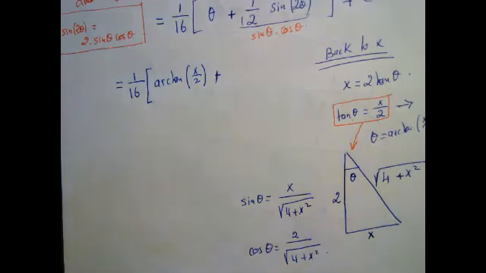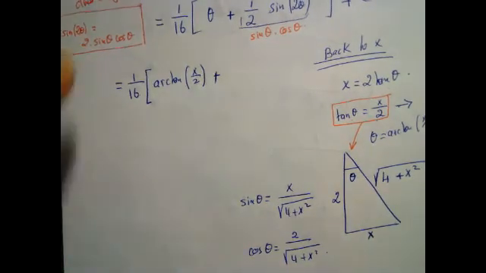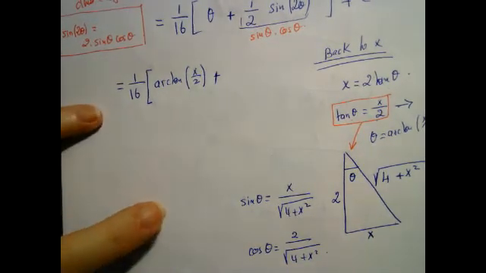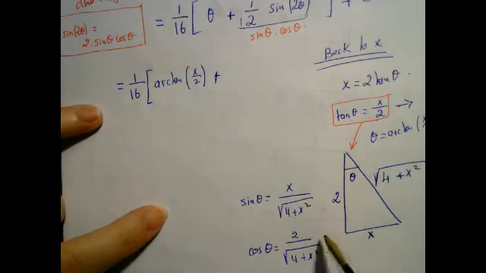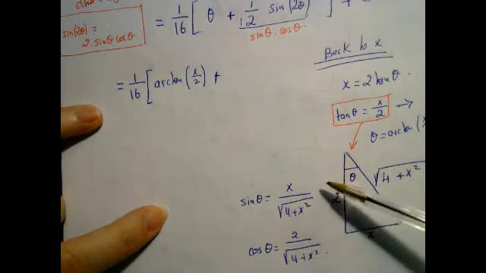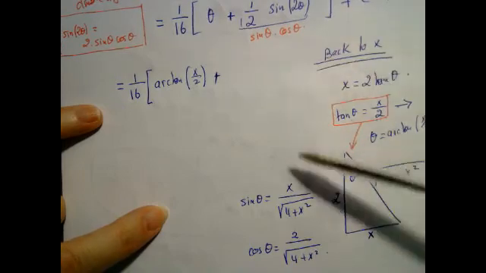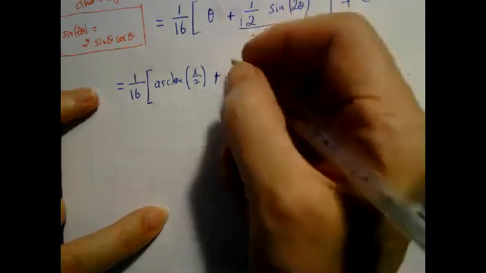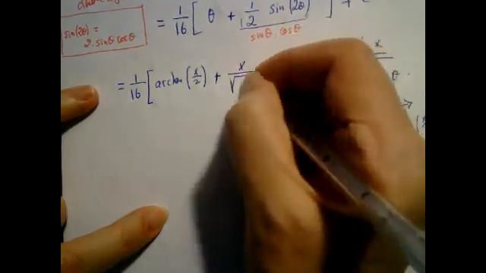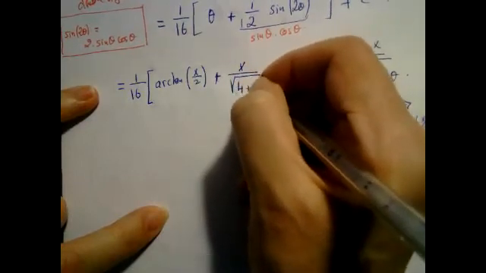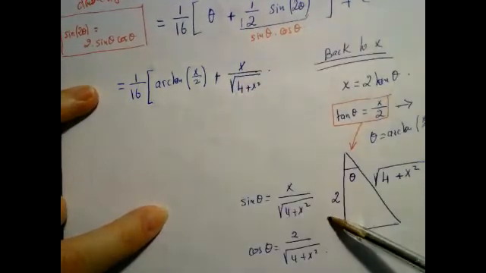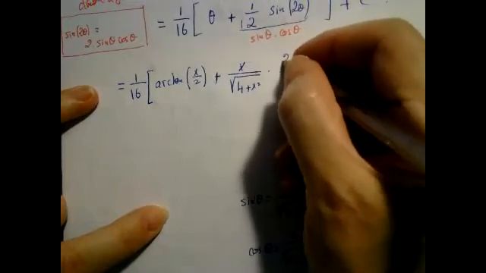It's a long problem, but it brought up this formula, which is used a lot in this section. So instead of sine of theta, I'm going to put x over that, times the cosine, which is 2 over it.